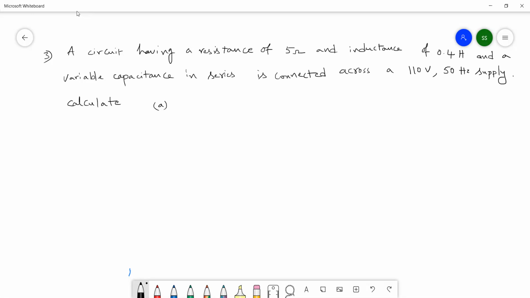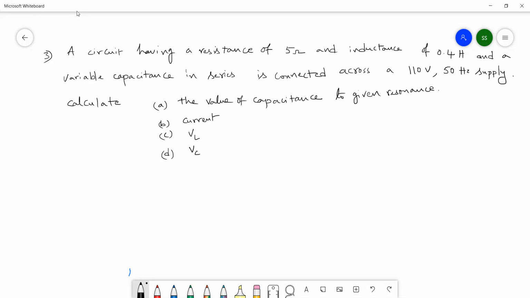Now calculate: A bit, the value of capacitance to give resonance. That means at resonance condition, you need to calculate the C value. Next, your B bit, current. C bit, VL, that means the voltage drop across the inductor.